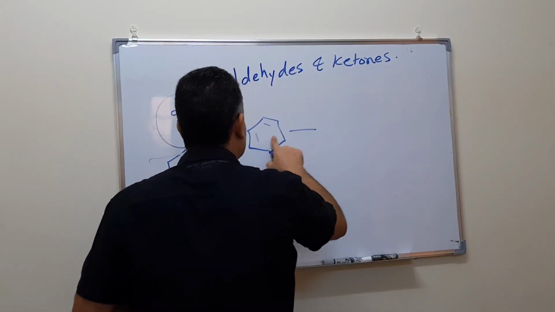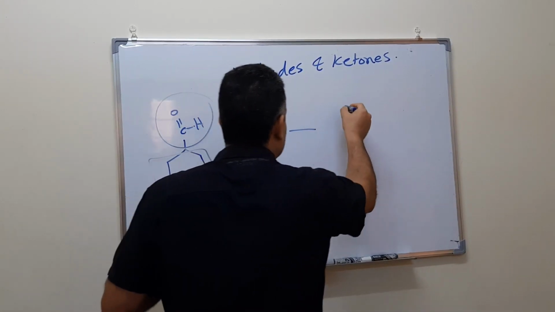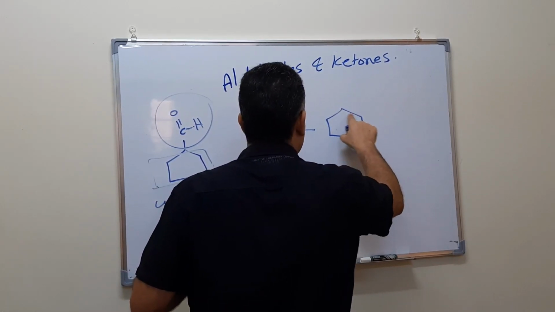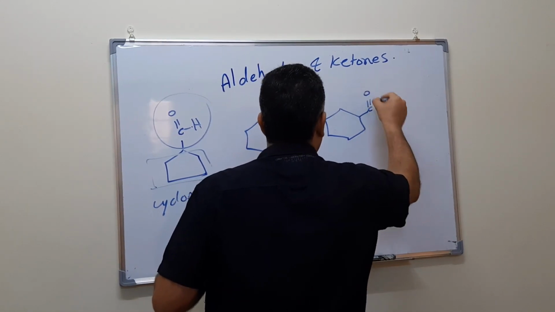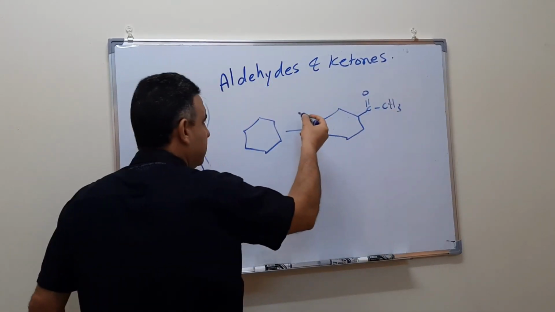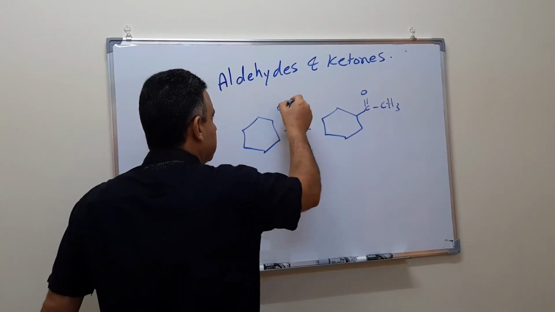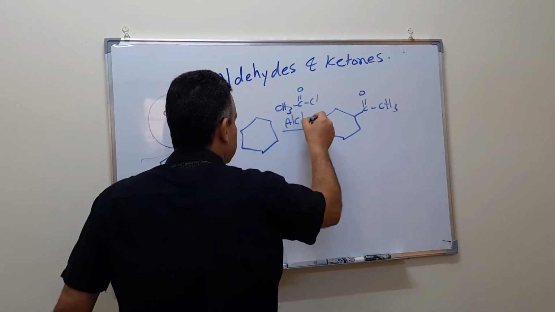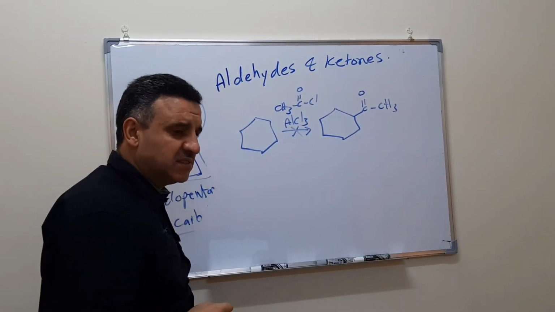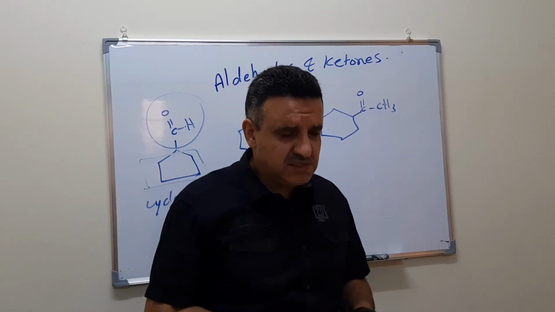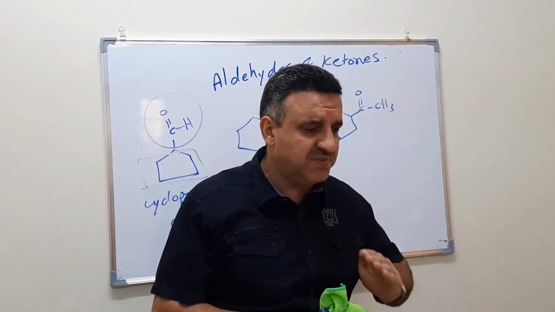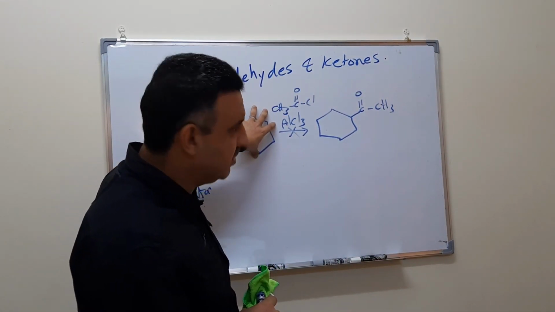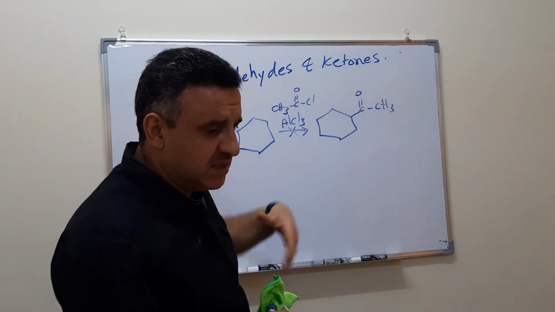If you want to start from cyclohexane and prepare this ketone, we cannot prepare it via Friedel-Crafts acylation, for example by using acetyl chloride in the presence of aluminum chloride. This does not work. Why? Because this reaction only works for aromatic compounds, it does not work for saturated compounds. So please be careful about such a case.